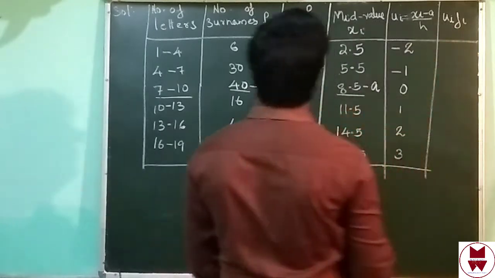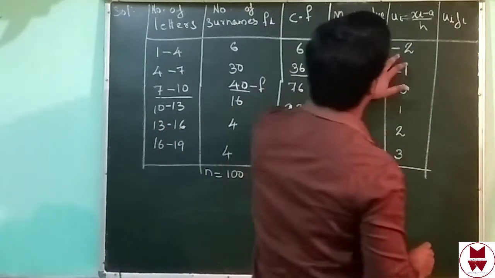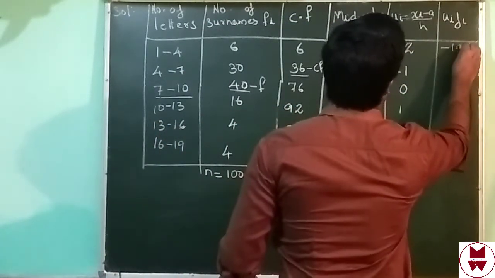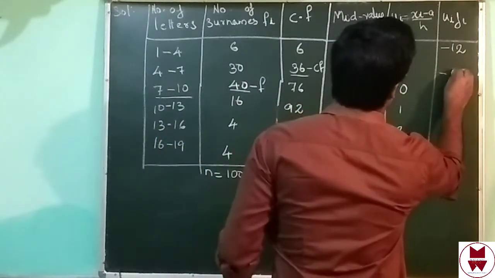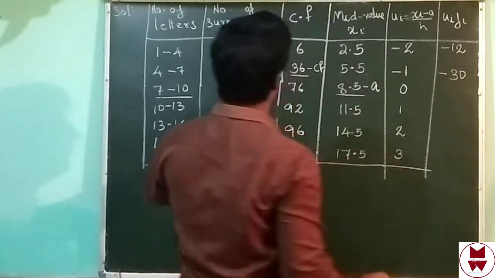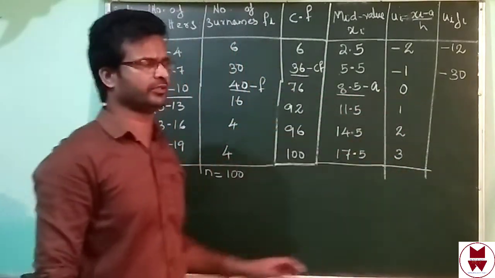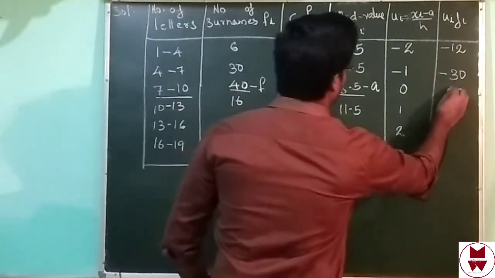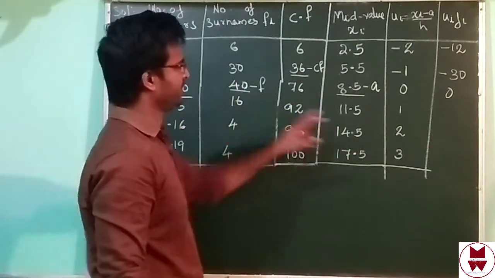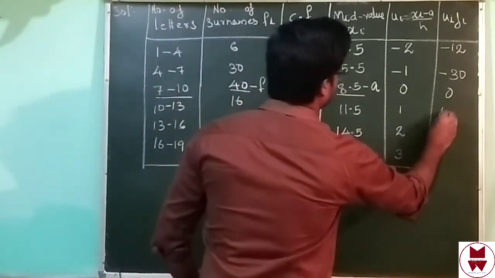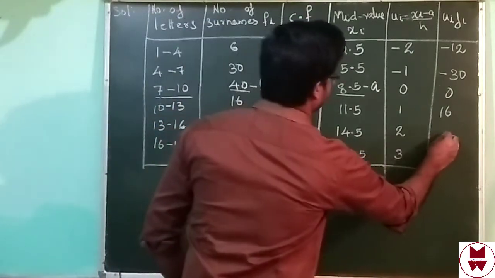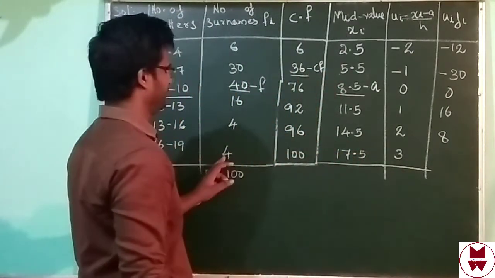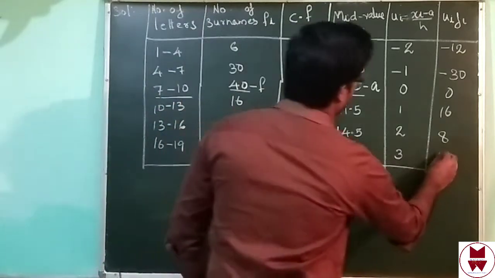Then uifi: 6 into minus 2, minus 12. 30 into minus 1, minus 30. 40 into 0 is 0. Then 16 into 1, 16. Then 4 into 2, 8. Then 4 into 3, 12.